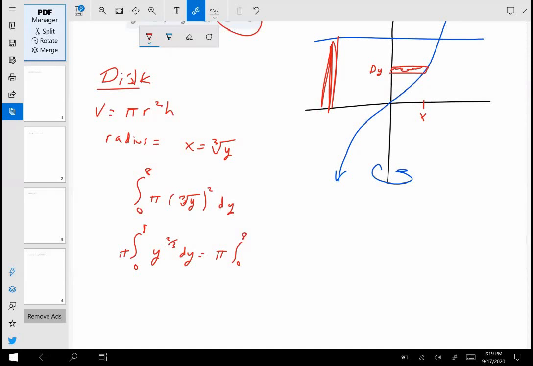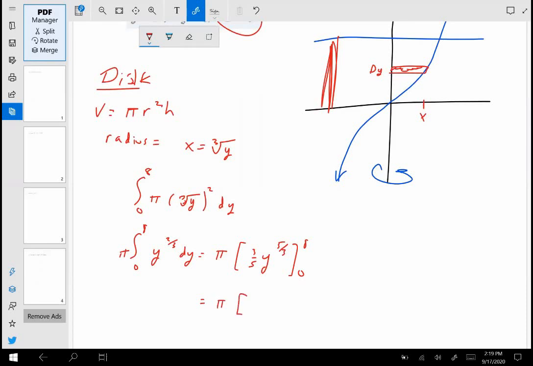We'll add 1 to the exponent, and that gives us 5/3. We'll divide by that new exponent, so we get a 3/5 there. And we'll evaluate that from 0 to 8.